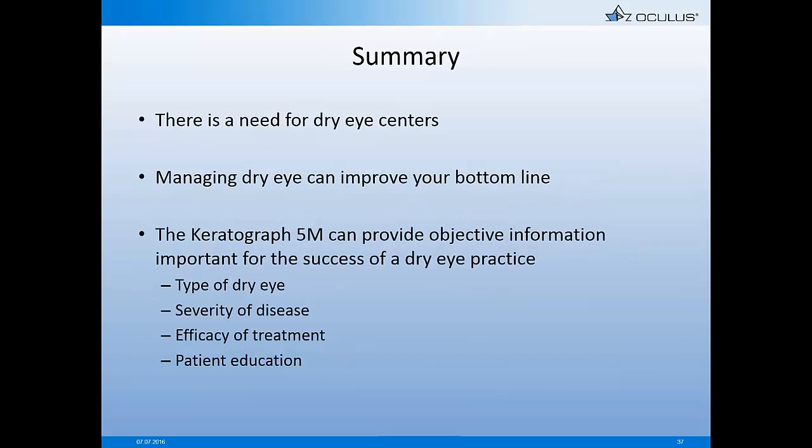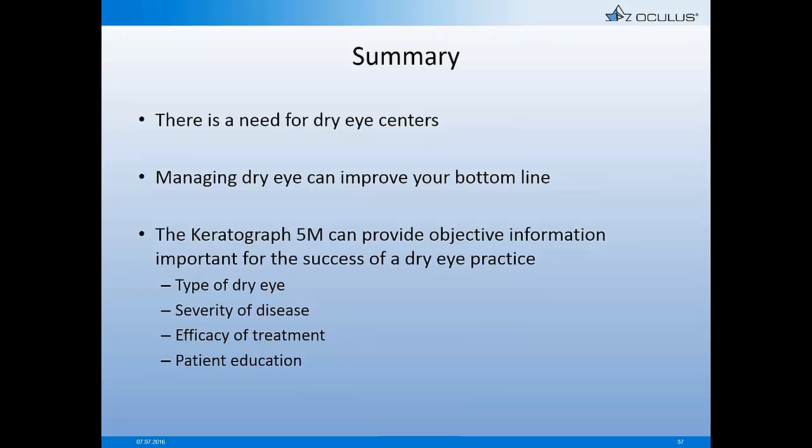Just to summarize, and hopefully you guys will agree with me, there is a need for dry eye centers. Managing dry eye can improve your bottom line, and specifically with the keratograph, I know we mentioned other instruments, but with the keratograph we can provide objective information important for the success of a dry eye practice. We can help distinguish what kind of dry eye you have, whether it's aqueous deficient or evaporative.